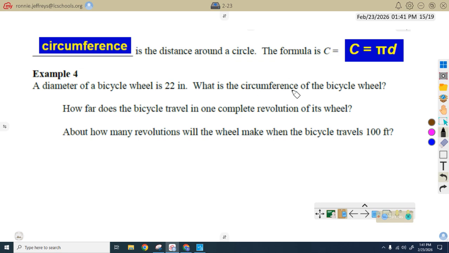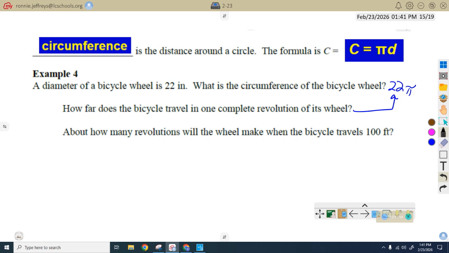What is the circumference of the bicycle wheel? All right, so 22. So this would be 22 pi because that's the diameter. Okay, hopefully it didn't strain you to know that. Now, how far does the bicycle travel with one complete revolution of its wheel? It also travels 22 pi.